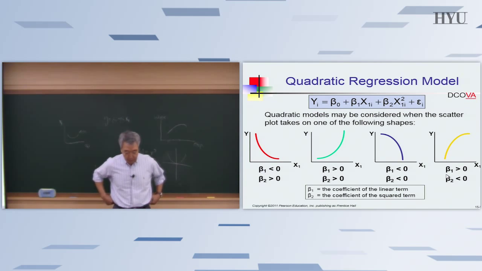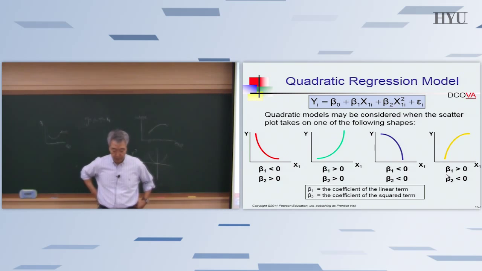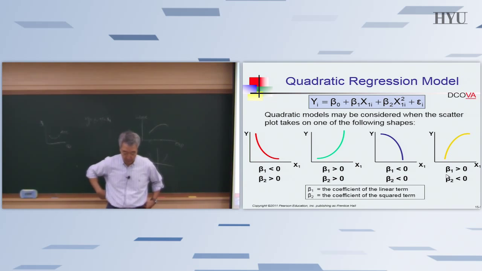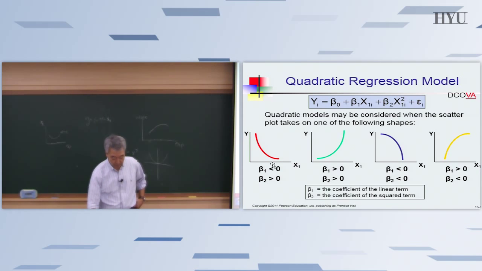As far as including the second order term or quadratic term, we can think about a few different cases. Once you run the regression, you can look at the coefficient of x1 and the coefficient of x1 squared. By looking at these two coefficients, we can figure out the type of relationship.